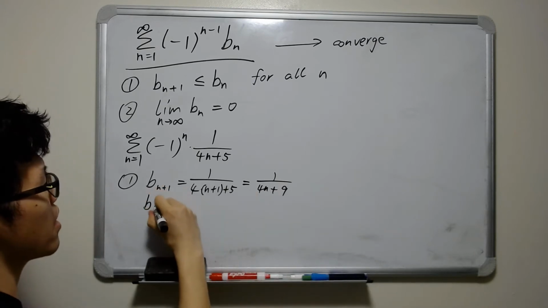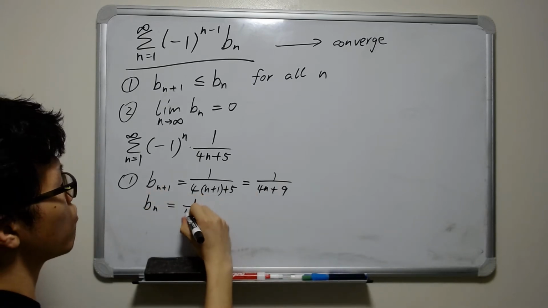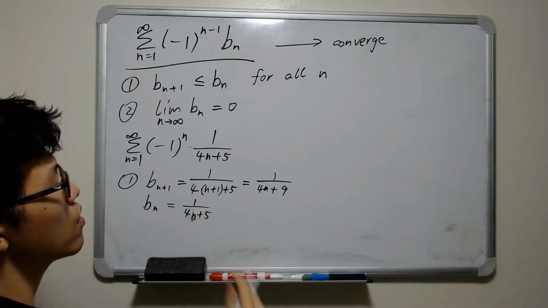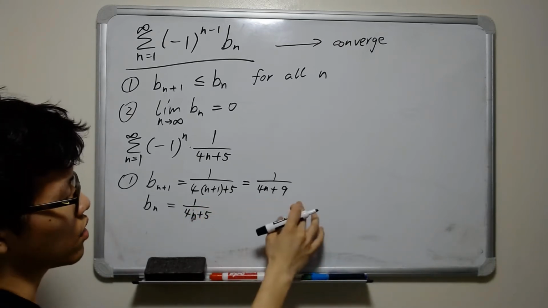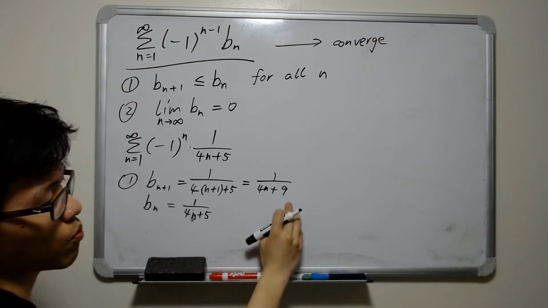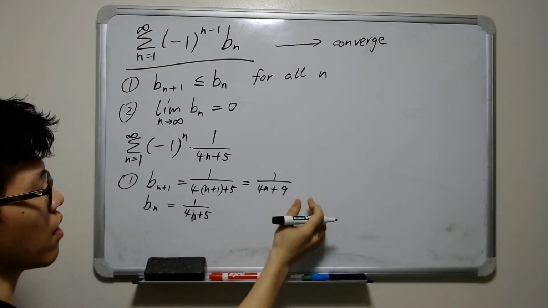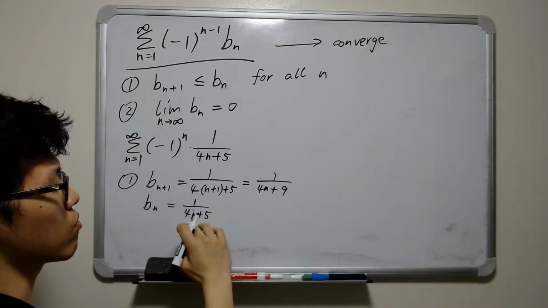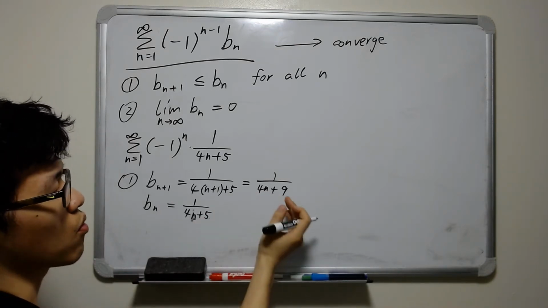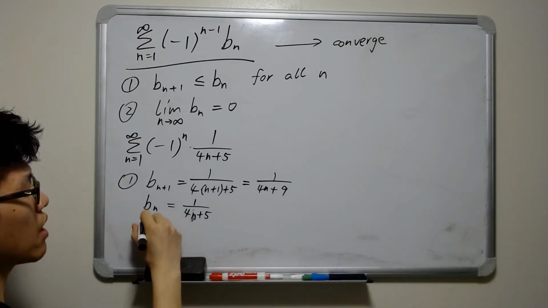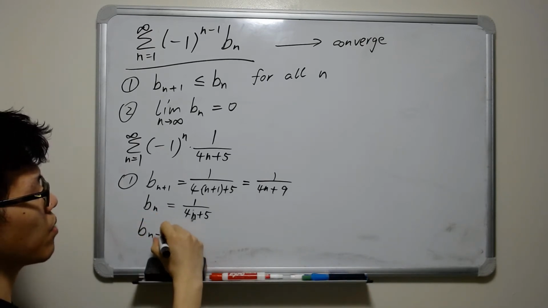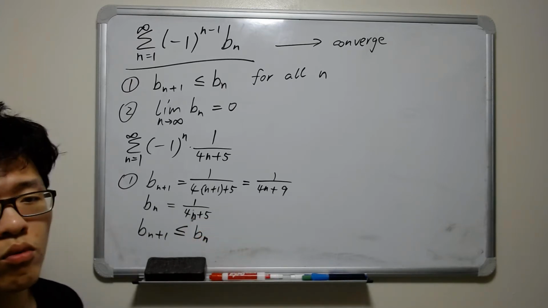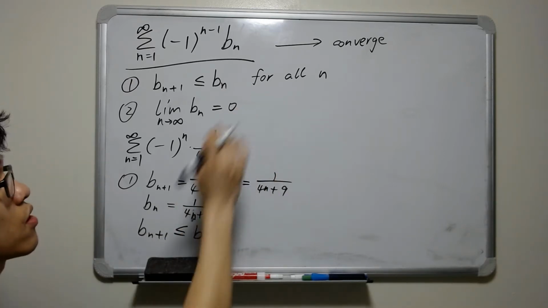And b_n is 1 over 4n plus 5. We can compare the denominators: 4n plus 9 is greater than 4n plus 5, and both denominators are positive. So we can say b_(n+1) is less than b_n.